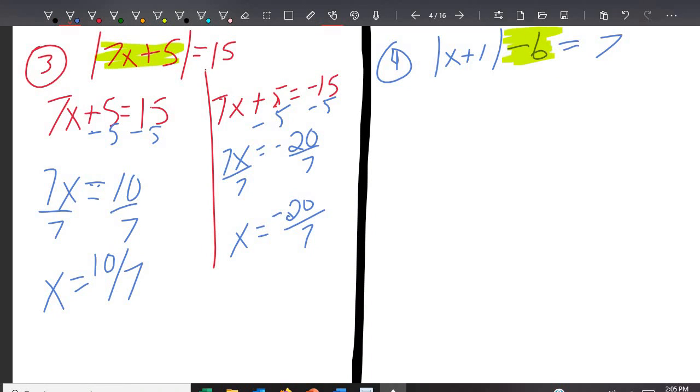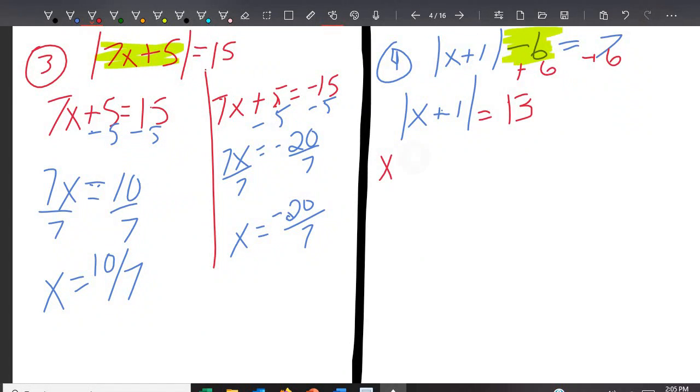We don't want a constant on the outside of the absolute value. We want the absolute value by itself on the left side, which means I've got to move that 6 somehow. So just like regular equations, we're going to add 6 to both sides, which will give me the absolute value of x plus 1 equals 13.